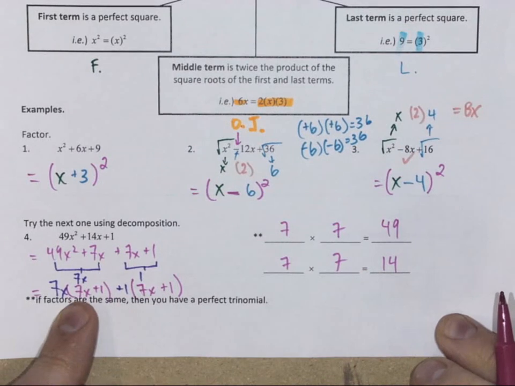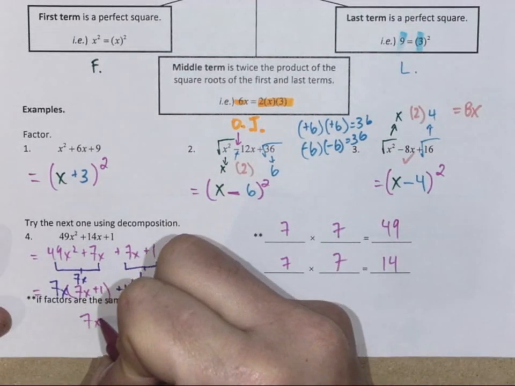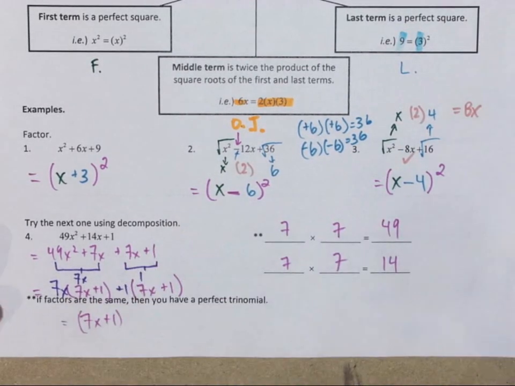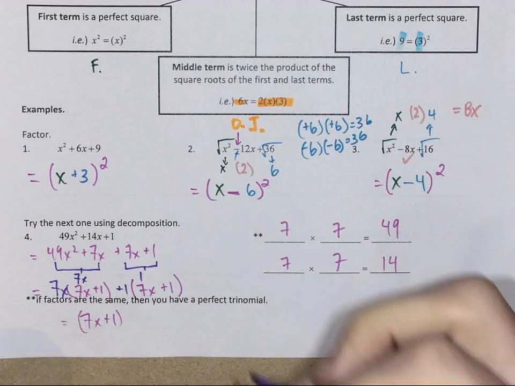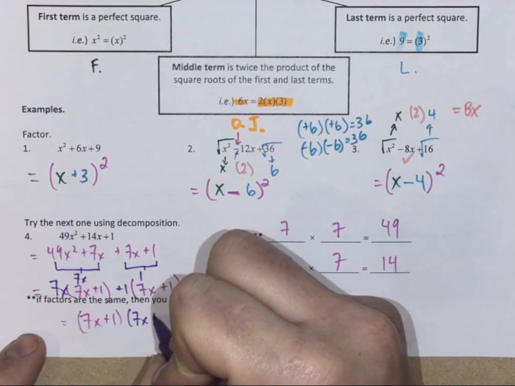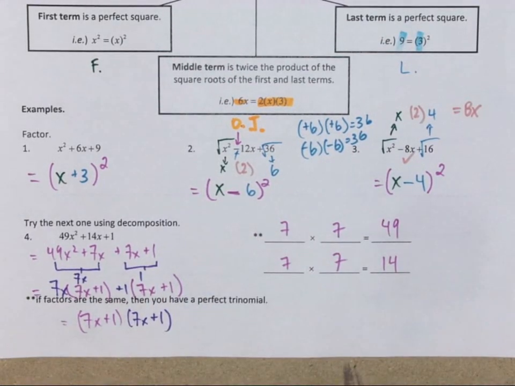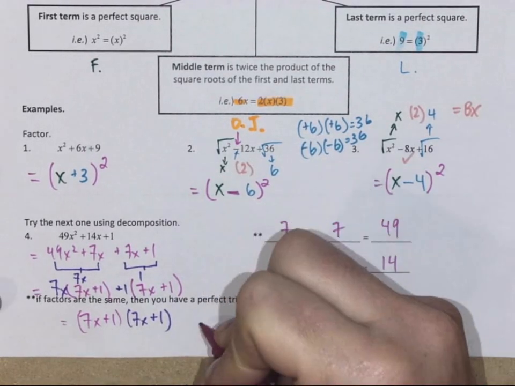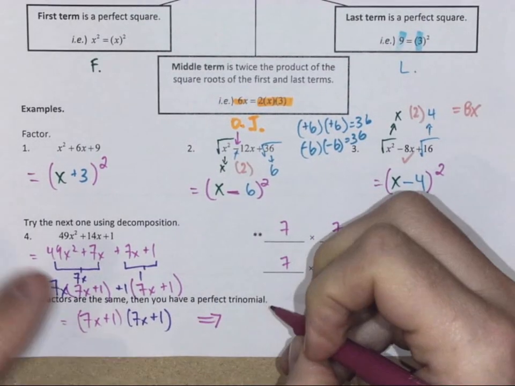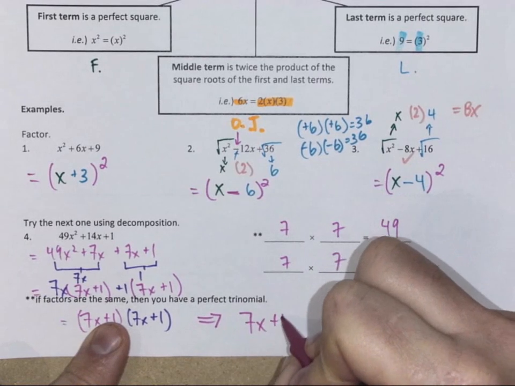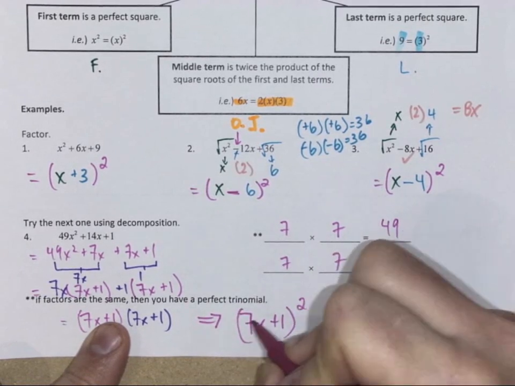What's in the brackets is the same. So I have 7x plus 1. What remains? 7x plus 1. What's in the brackets? Same in each bracket. So that can better be written as (7x plus 1), all in brackets, squared.